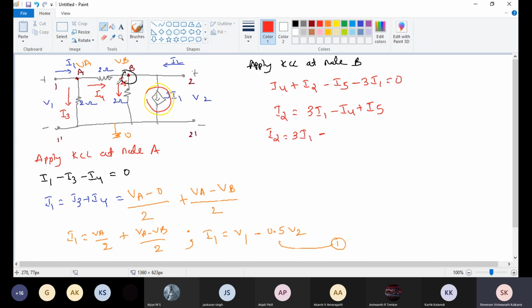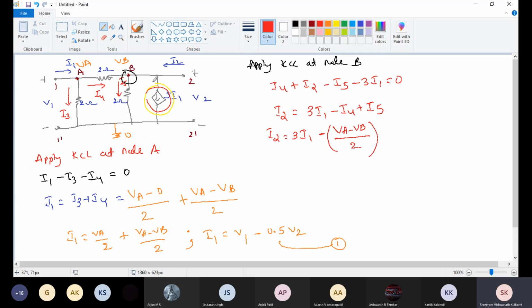Tell me for I4: VA minus VB divided by 2.